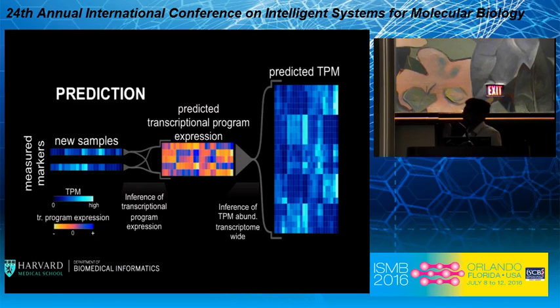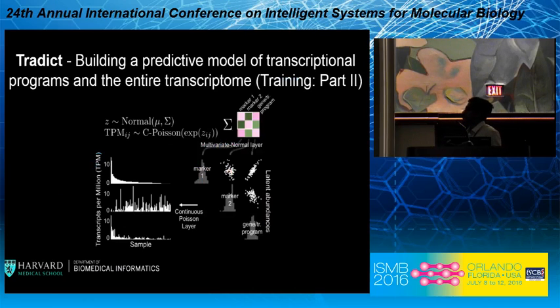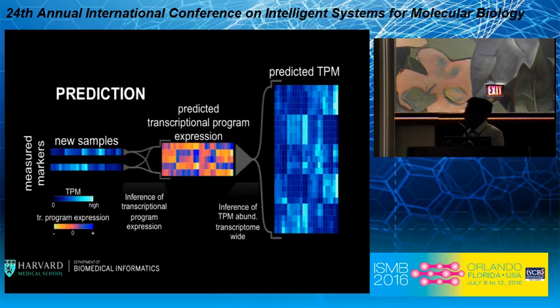And then, if you recall, it's these latent abundances that are multivariate normally distributed. With these latent abundances, we can use standard Gaussian conditioning rules to obtain predicted expression values for the transcriptional programs, and the predicted TPMs of the remaining genes in the transcriptome. Okay, so in a nutshell, that's Tradict.